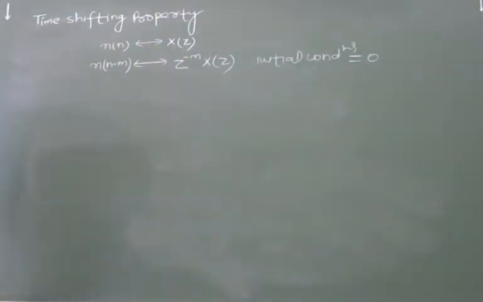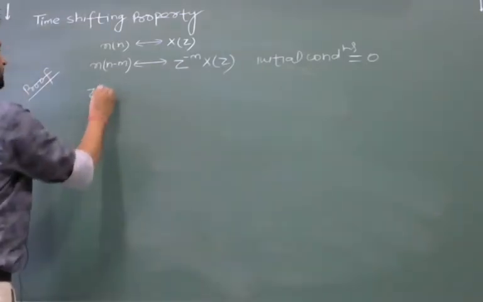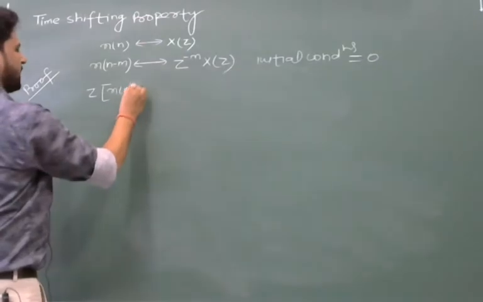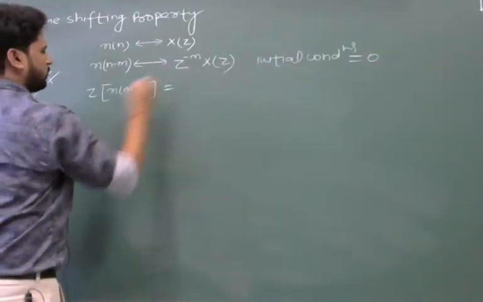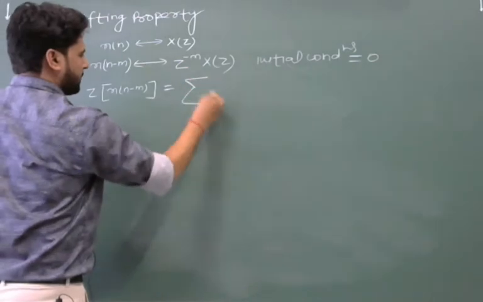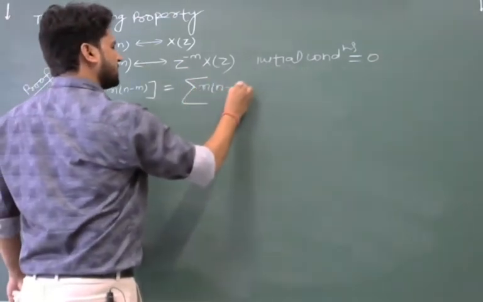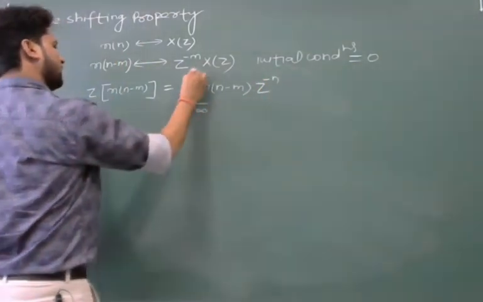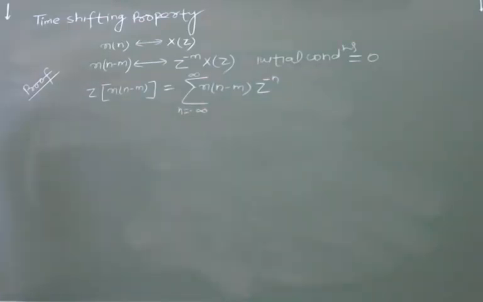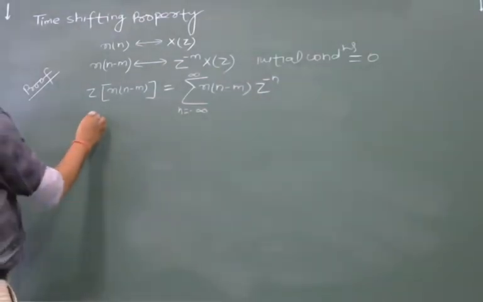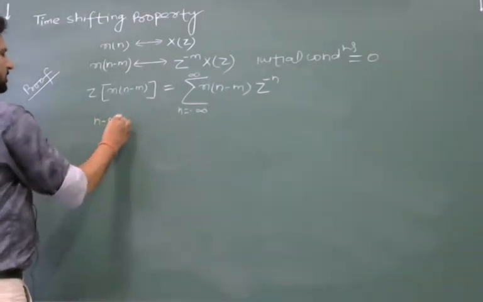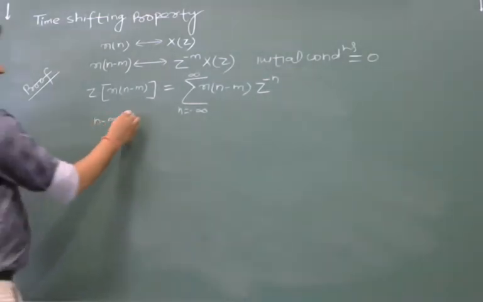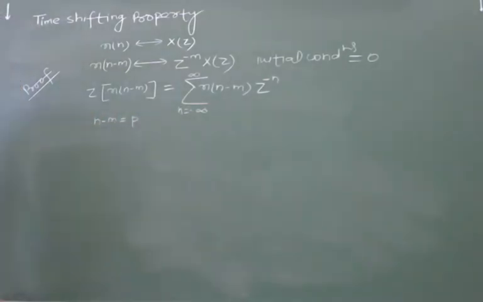Now, how can we prove this property? Here is the proof. We know the Z transform of x of n minus m will be equal to sigma x of n minus m into z power minus n, where n goes from minus infinity to plus infinity. Now replace this n minus m with another variable, suppose p.